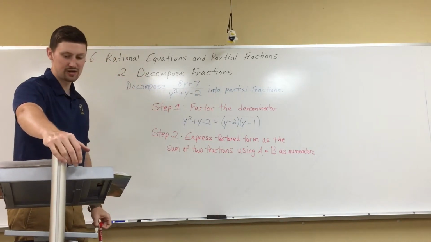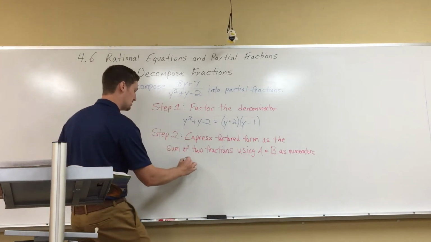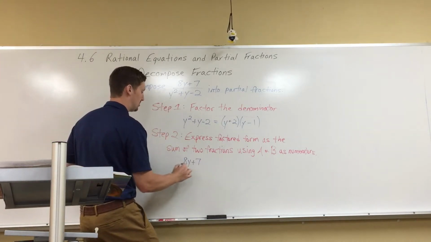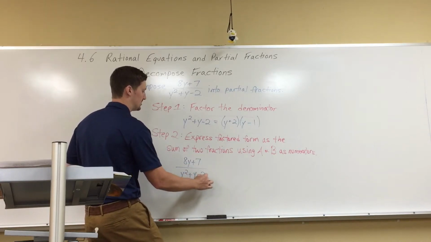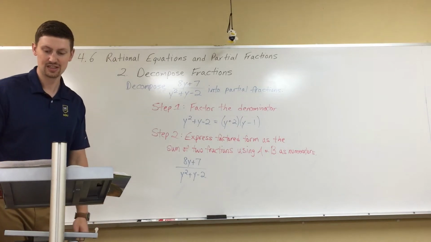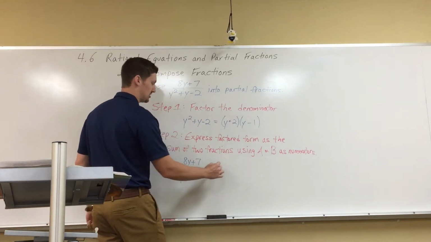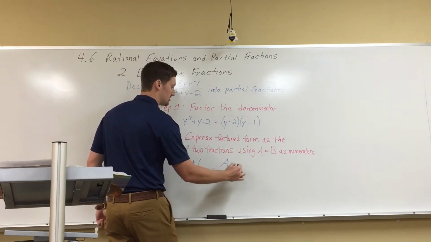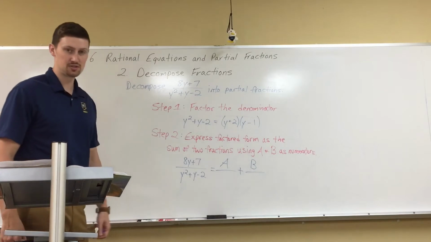So, what are we going to do? How are we going to write that? Well, we're going to take our original equation, (8y + 7)/(y² + y − 2), and express that as the factored form as the sum of two fractions. A and B are our numerators. So here's two new fractions.